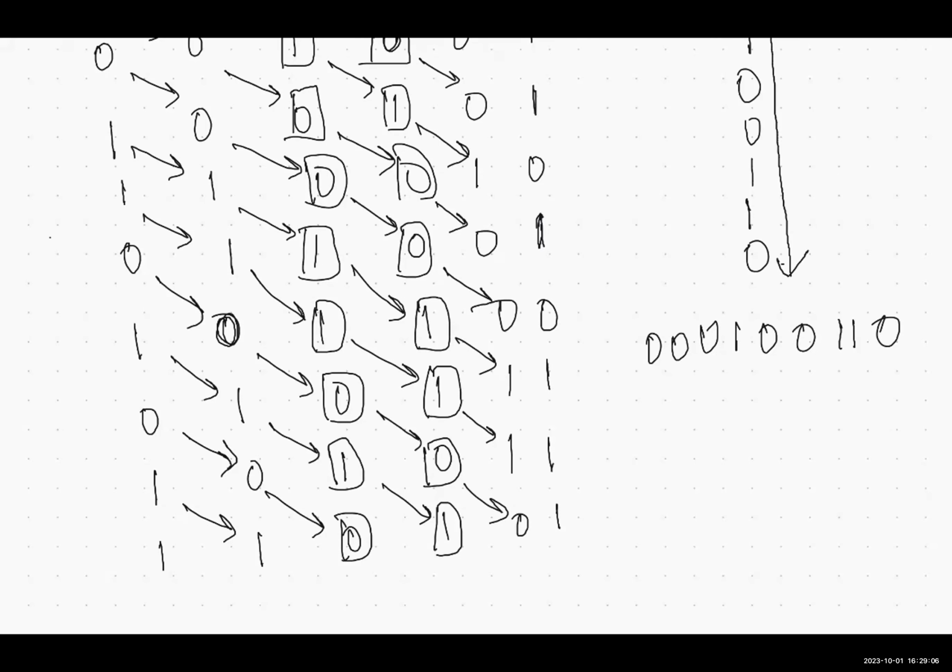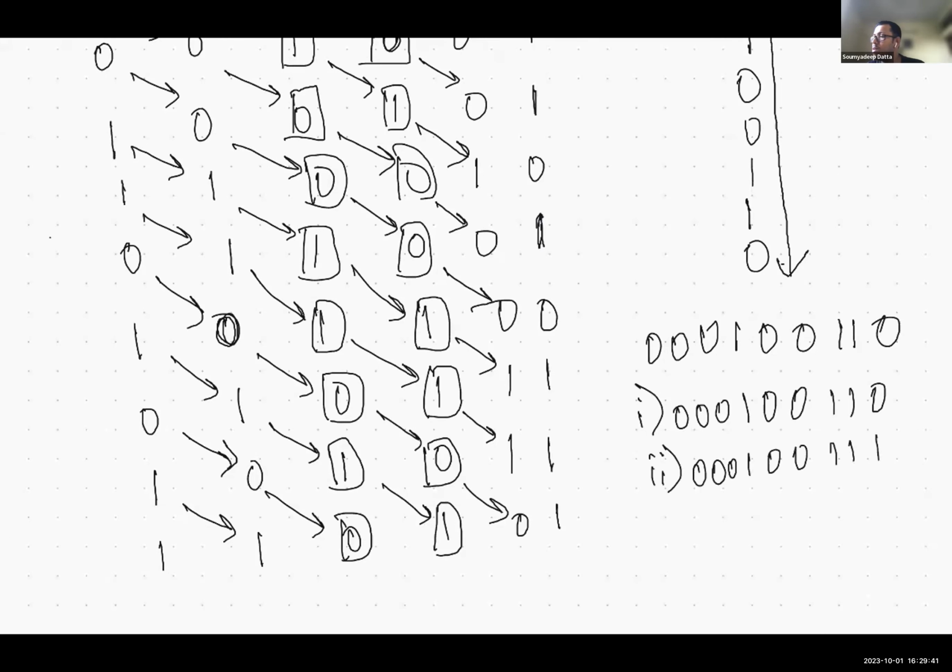One question is, up to how many steps do I have to go for the sequence? That depends on the options provided. If the options are tricky, for example, the paper setter has given one option as 0, 0, 0, 1, 0, 0, 1, 1, 0, and another option as 0, 0, 0, 1, 0, 0, 1, 1, 1, then even up till this point you don't know which of the two options is true.